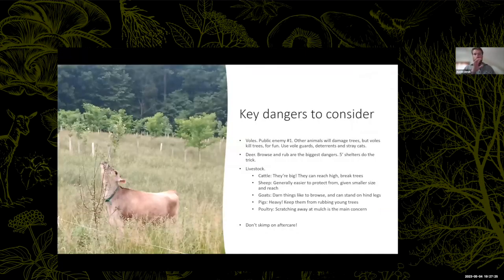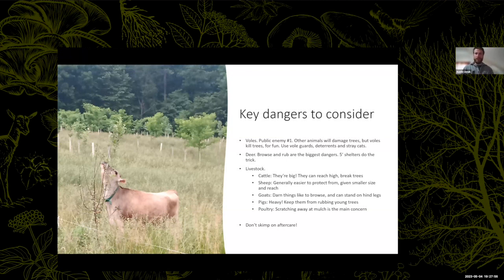So when we're planting trees, we want to consider how to protect those trees. There's predation coming at those trees from a number of different directions. Voles is the number one thing that you have to be concerned about in planting trees into an open pasture, because pasture environments are really great for voles and other rodents.